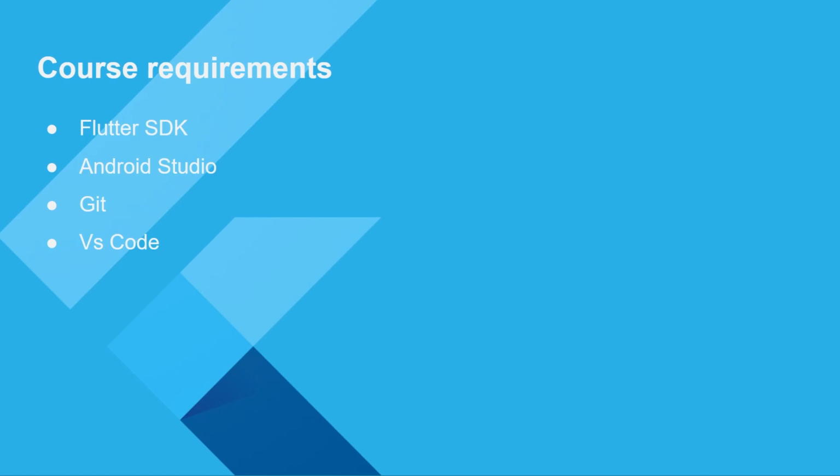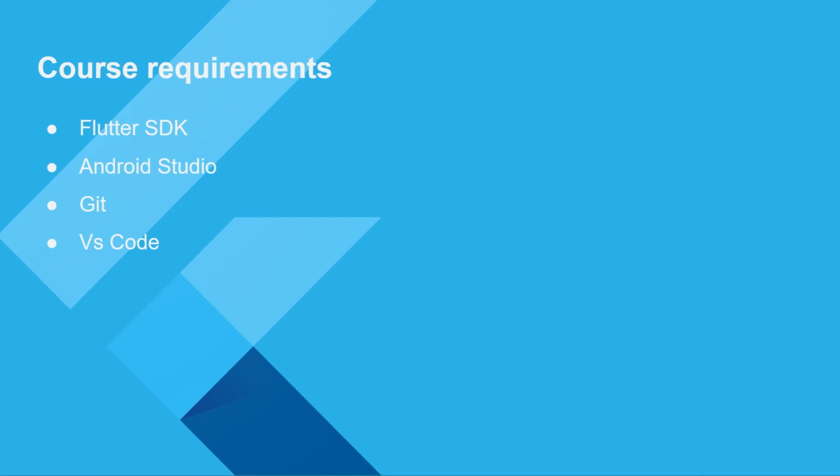Git is a version control program which is required for Flutter. It is basically a way for us to save our progress, just like one of those Pokemon games. It would help us save a point which we can revert back to. Lastly, VS Code is a lightweight code editor. Think of this as a place where we write our code.